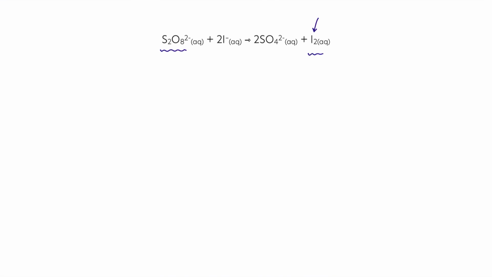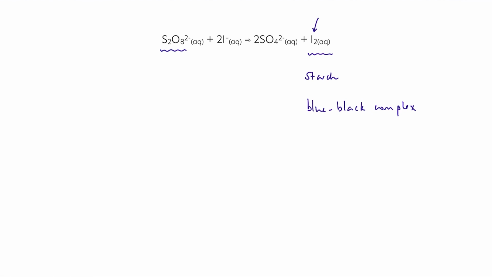But in dilute solution, it's a pale yellowy brown colour, so it's really hard to distinguish when we've made a fixed amount. However, if we add some starch to our reaction mixture, then as the iodine is produced, it reacts with the starch to form a blue-black complex, and this is very easy to spot.